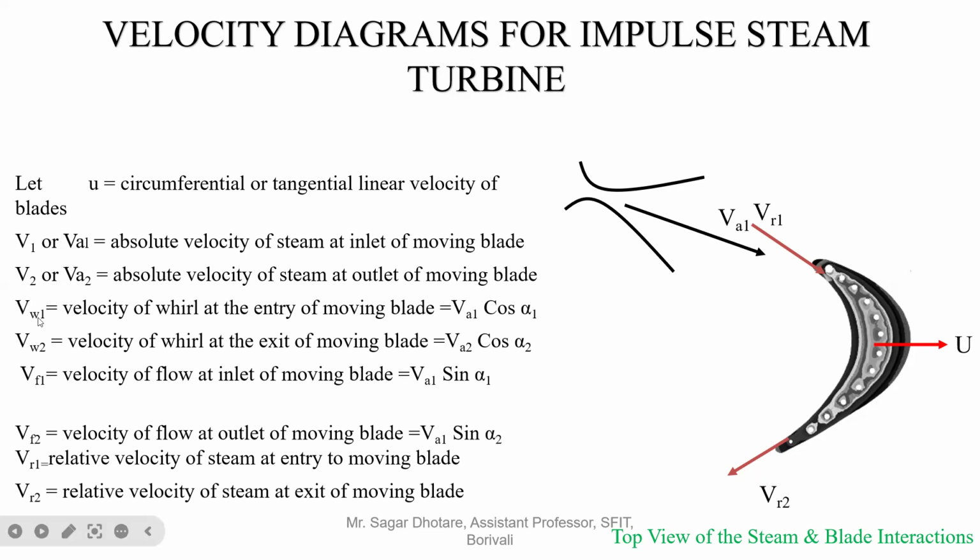Vw1 is the whirl velocity at inlet, which is Va1 cos alpha 1. Vw2 is the whirl velocity at exit, that is Va2 cos alpha 2. Vf1 is the flow velocity of steam at inlet of the moving blade, that is Va1 sin alpha 1.